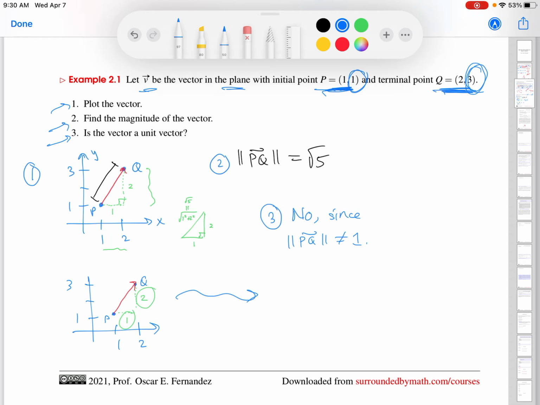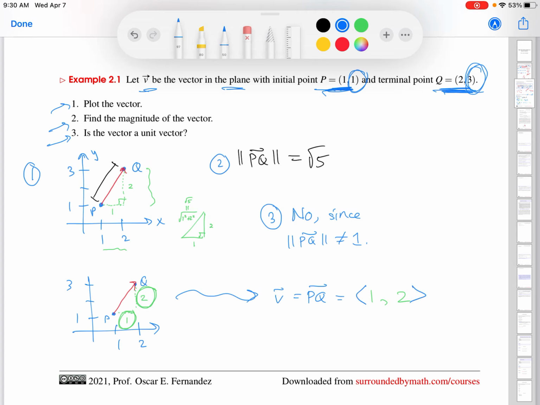This is the vector PQ, which I'm just going to call v now. And I can write it down now with this new definition based on its components. We had identified its components, how far to go in the x direction from the initial point, and then how far to go from there to the terminal point, as 1 in the x direction and 2 in the y direction.